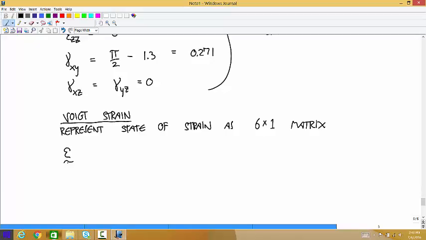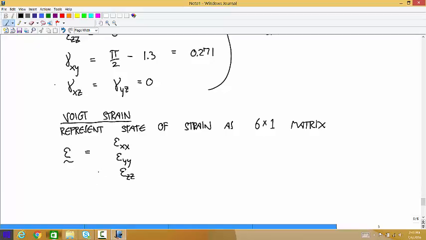It's not a vector. It doesn't have vector properties, so giving it an arrow over the top isn't really accurate, but it looks like a vector. And the format is, so, well, what do you think? Starts off good. Epsilon XX. We'll do the normals first. Epsilon YY. Epsilon ZZ. And then we'll do the shear strains.